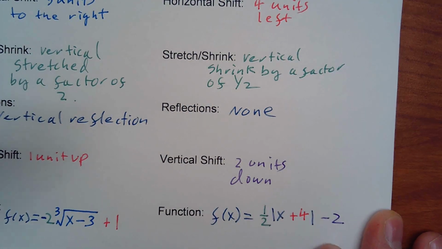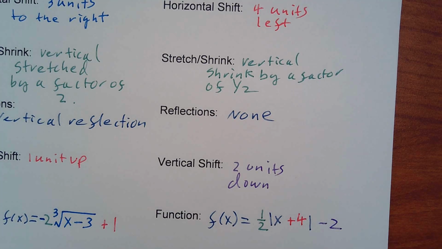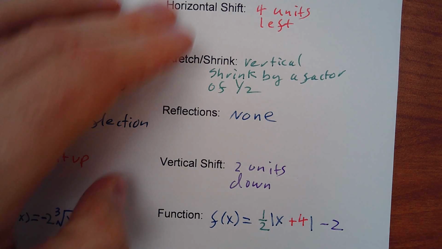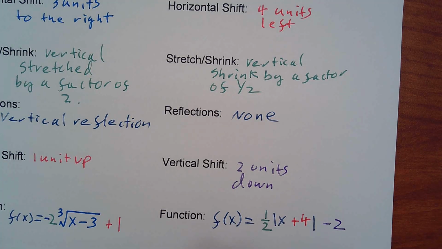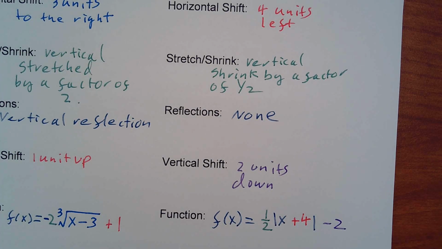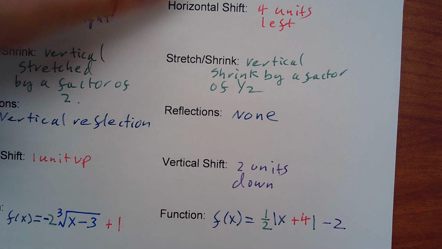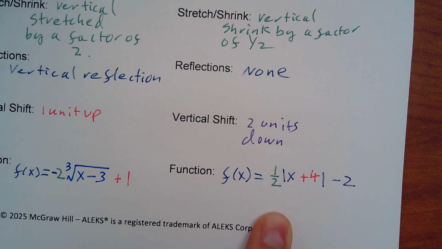All right, so let's go ahead and make sure you take some time to go back through these. I think the hardest part here is to come up with the equation. And keep in mind, when you come up with the equation, you can test it out.